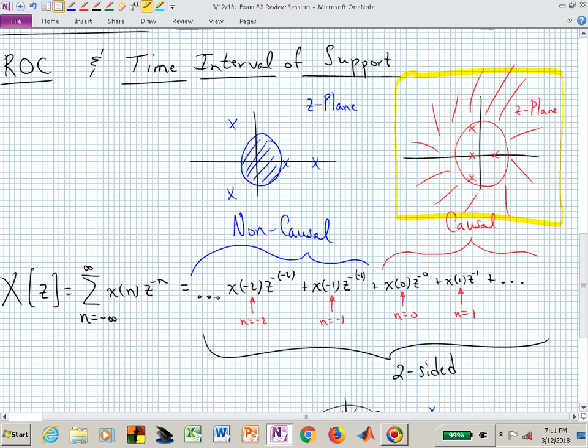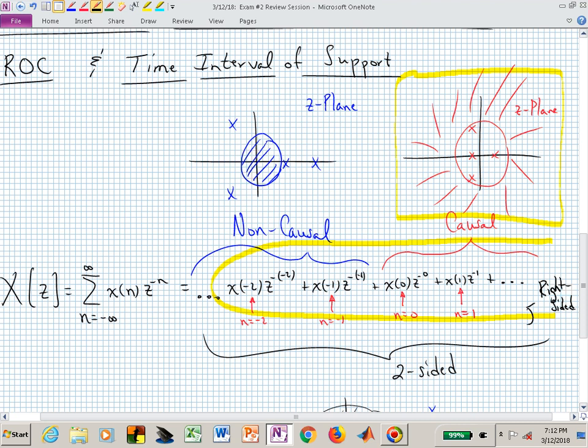In a causal sequence, if I exclude infinity, if I don't let it go unbounded, if I keep it bounded, my region of convergence, what does that allow me to do relative to my terms in the time domain sequence? It switches from causal to what? Something more general. What's more general than causal but includes causal? Right-sided. So now I could come back and do this. Is that making sense? This now I could say is right-sided.